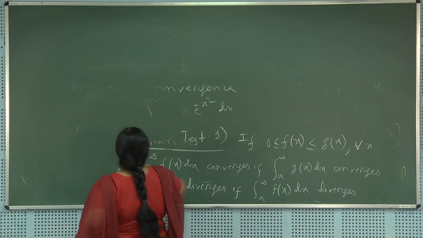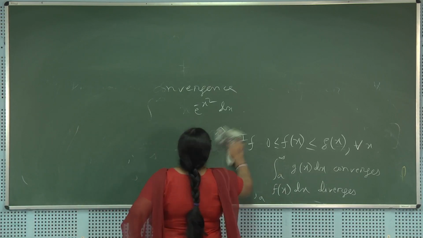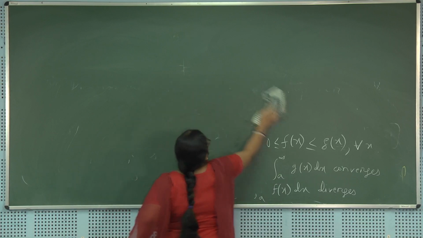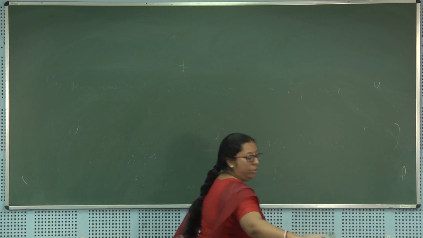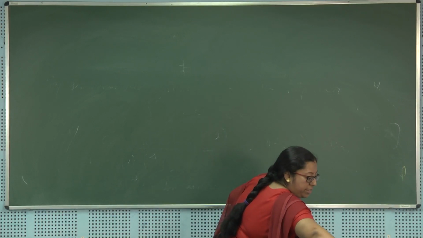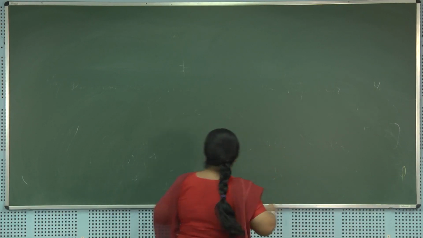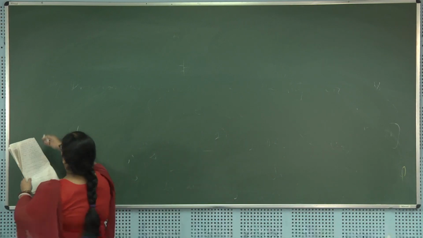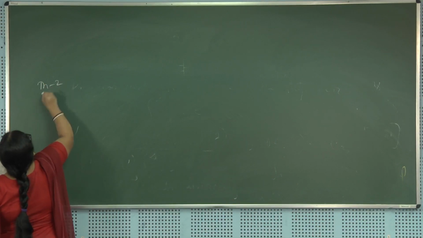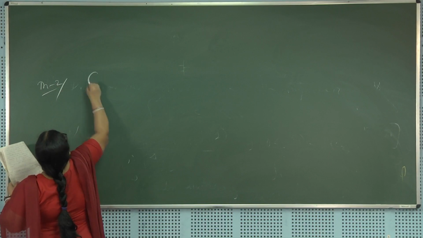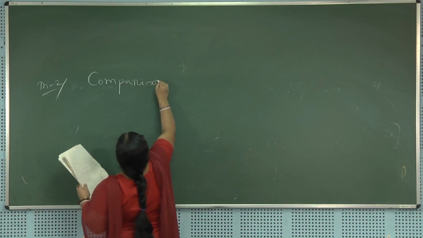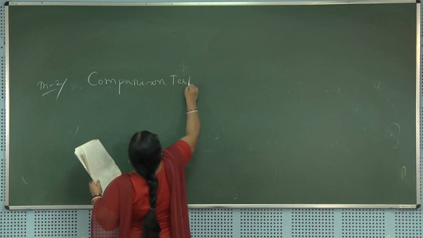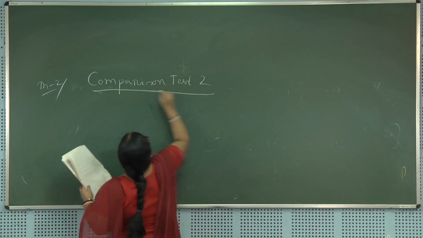Next comes comparison test 2. Both the tests are important. Sometimes the problem can be done easily by one test or the other. So, theorem 2, comparison test 2. What is it?